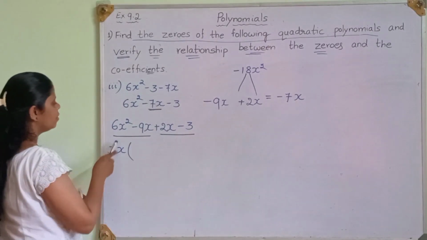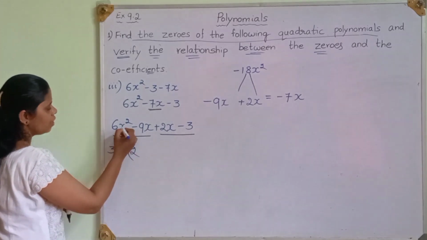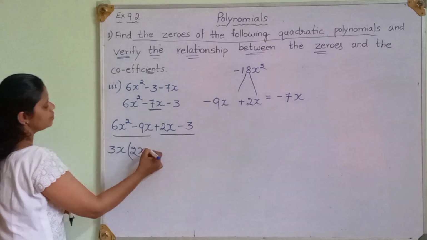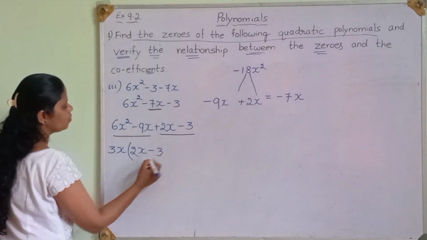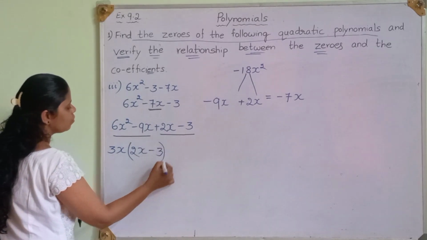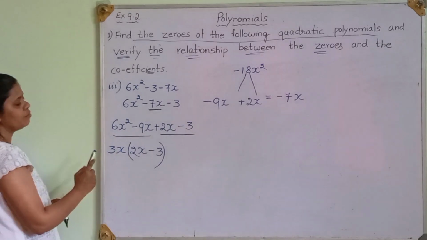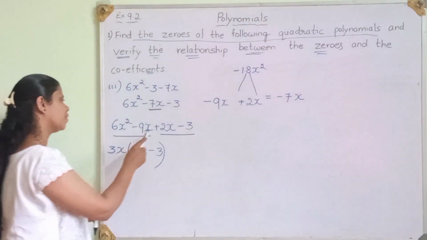Therefore, it will become 3 2s are 6, x it is outside. How much x is left? Only 1x. Minus 3. 3s are 9. Then close the bracket, because already we have taken x as common, so nothing is left in the place of x.